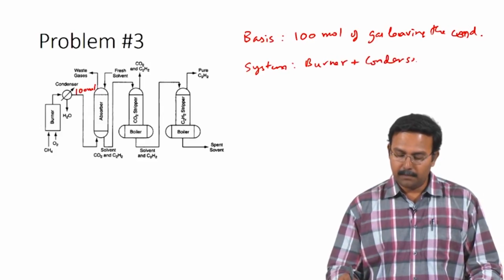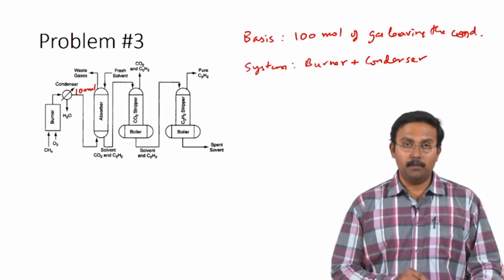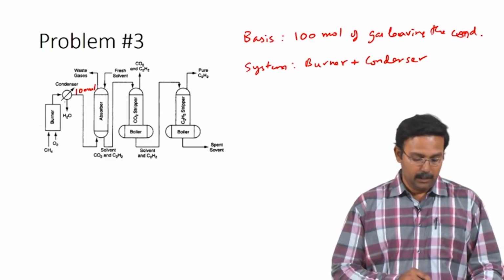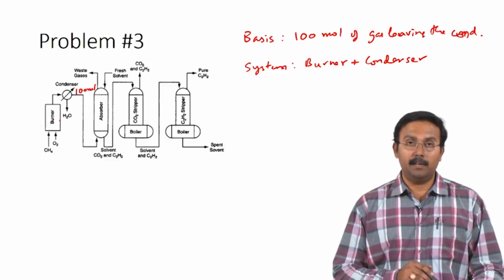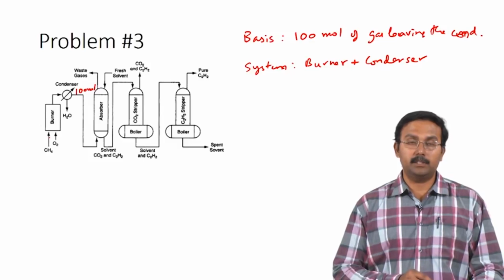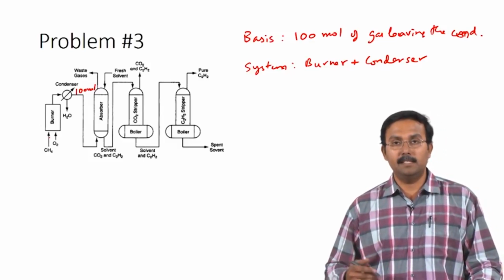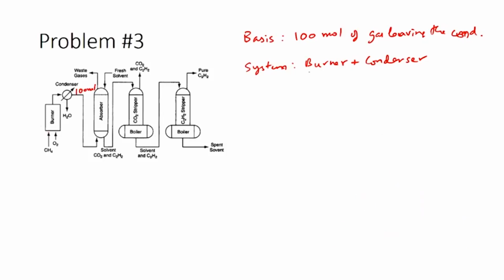For this system we have information about the exit stream, we know the number of moles, we have the composition, we do not know the number of moles of water, but we know that it is only water. So, we just have to calculate methane and oxygen which is being fed, and using simple material balances this can easily be done. For the system chosen, which is the burner plus condenser, let us start writing the component balances.